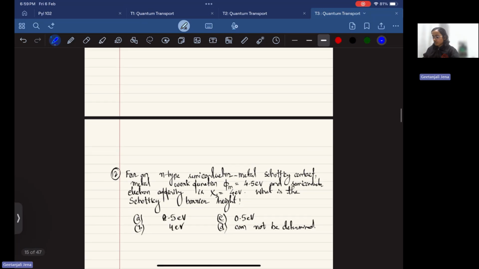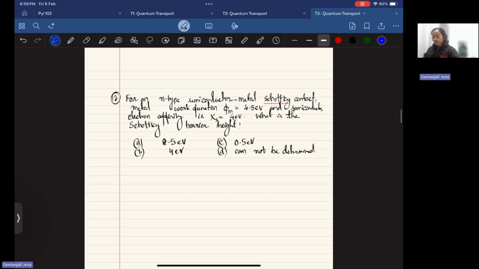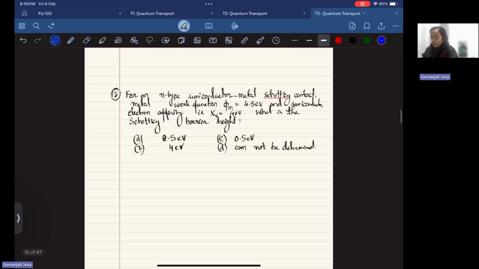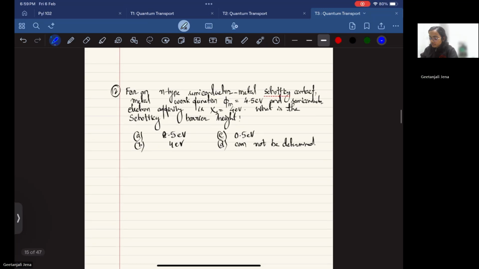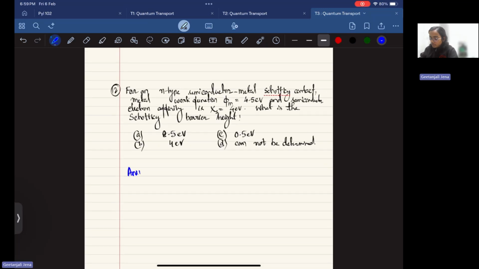And this is question number 10. In the next question, we have an N-type semiconductor metal Schottky contact, and it's given that the metal work function, which is phi m, is 4.5 electron volt, and the semiconductor electron affinity, chi s, is 4 electron volt.